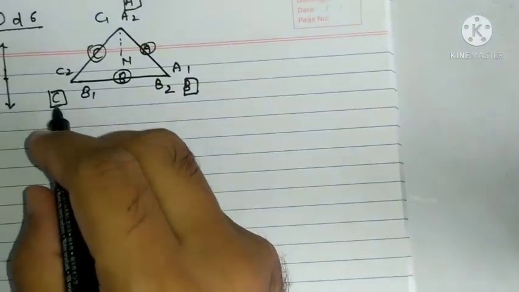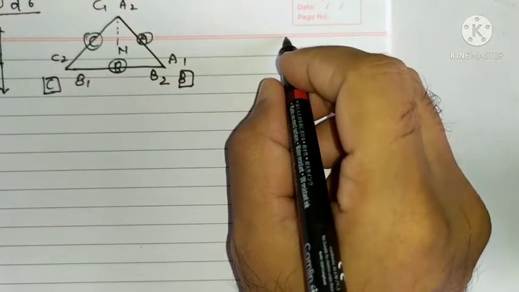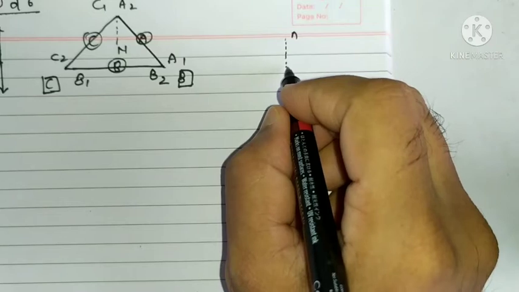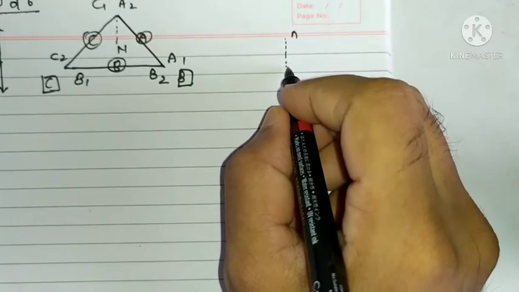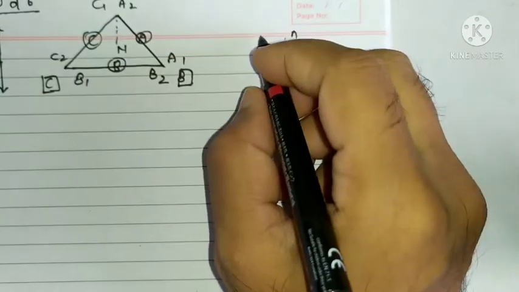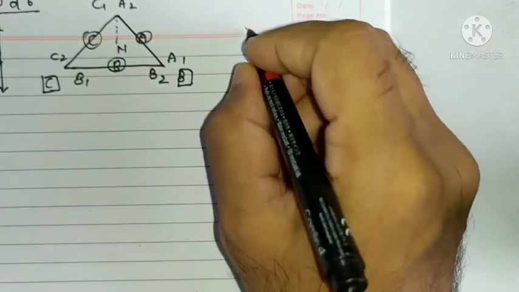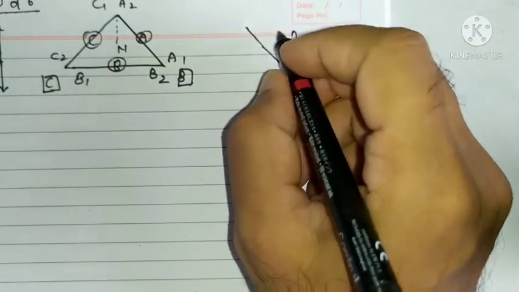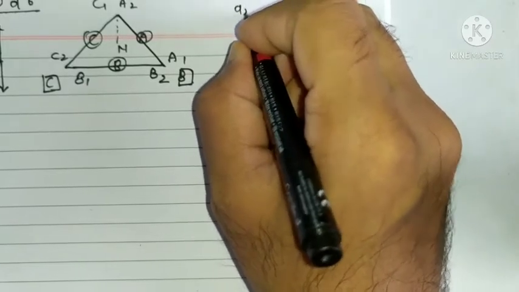The secondary side is at 6 o'clock. So the imaginary neutral will come here, and it will start from A1, right? So A1 A2 must be parallel to A. So A1 A2, it will be A1 and this will be A2.